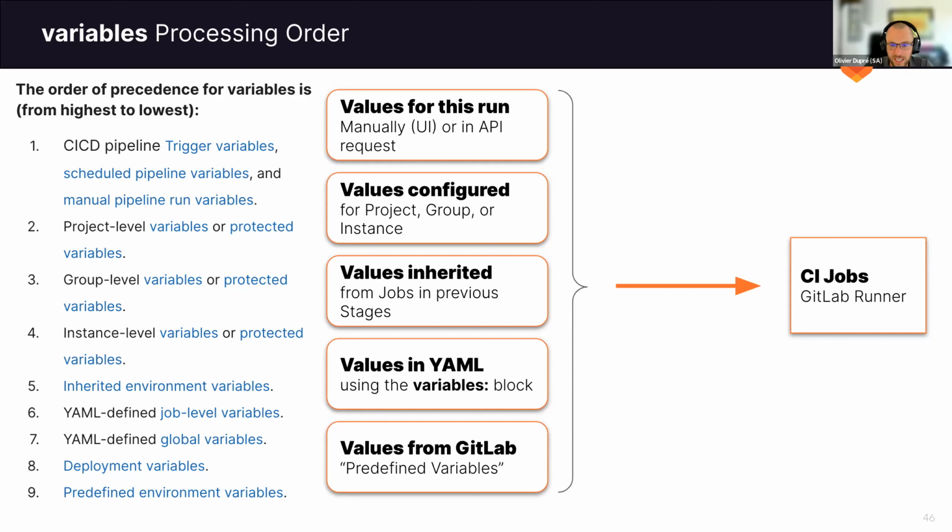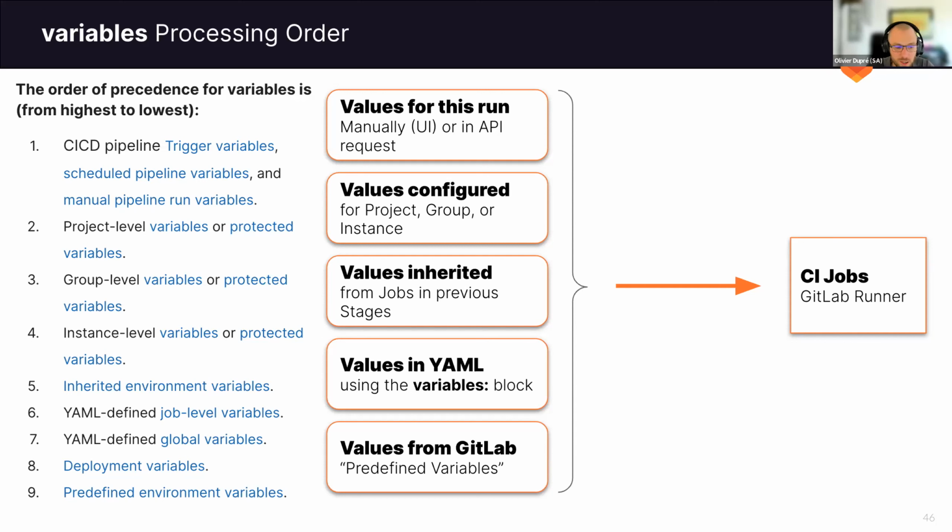This is the configuration in GitLab, and you can define them either for your project, for your group, or if you are in self-managed, for your instance. When you're using GitLab.com, there is no instance level because they are on our side at GitLab. Okay, then there are all the variables that you have inherited from another environment, which are the .env variables, basically.